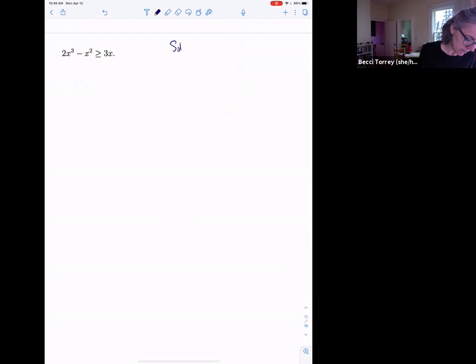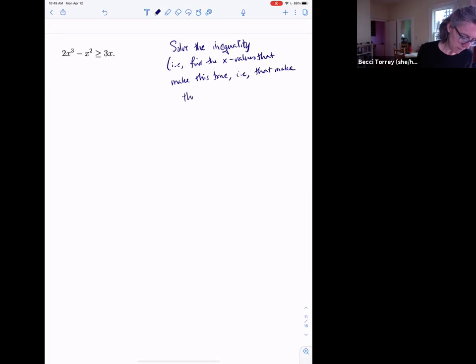So again, we're solving the inequality, which means, i.e., we're trying to find the x values that make this true, i.e., that make the left side bigger than the right side.